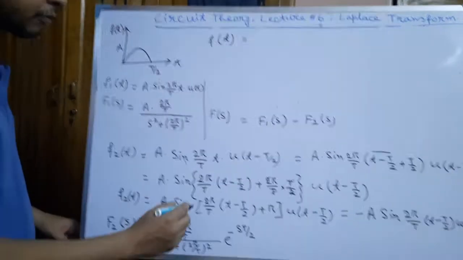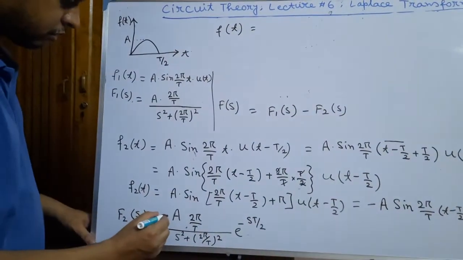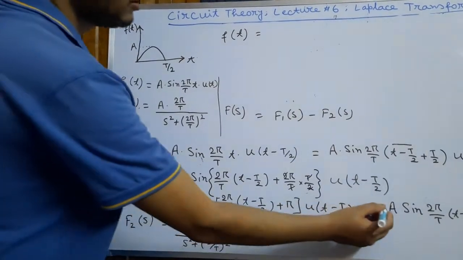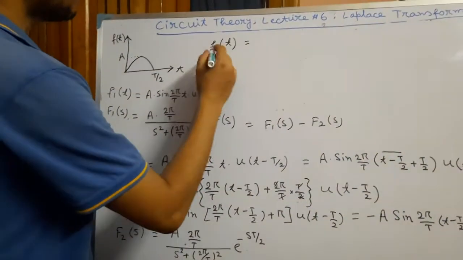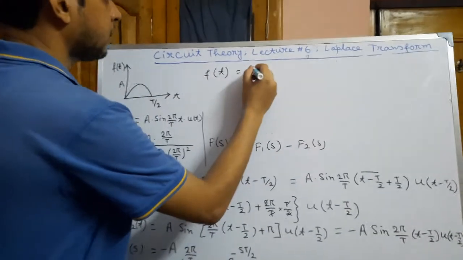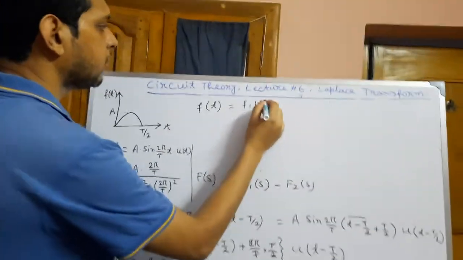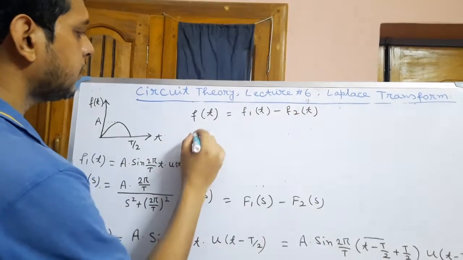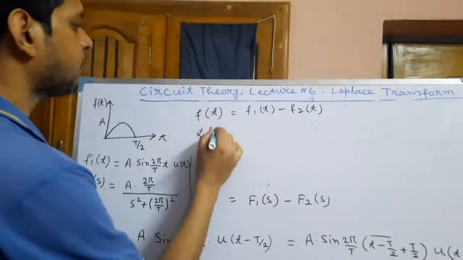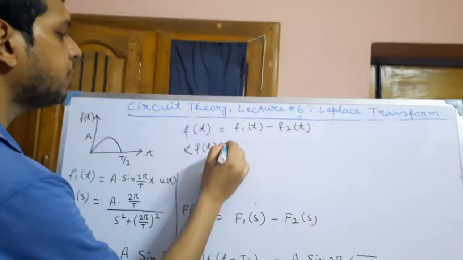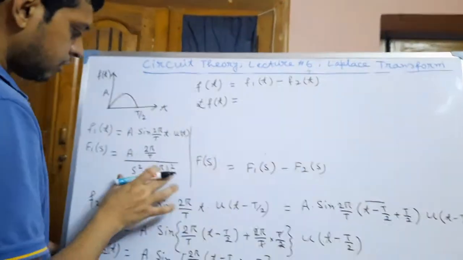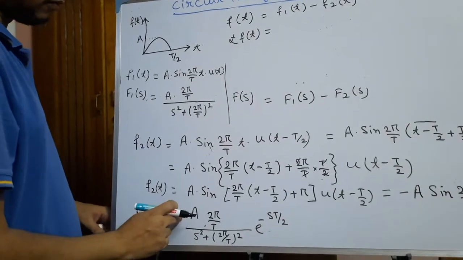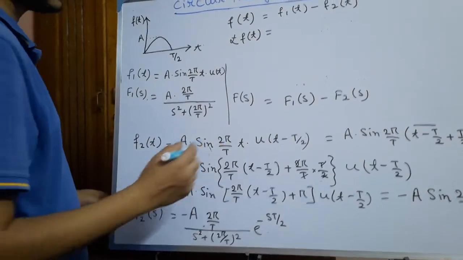The Laplace transform of f2(t) equals 1 minus, which will come here due to this one. Therefore the Laplace transform of −f2(t), hence the Laplace transform of f(t), will be equal to this one minus this one. Minus into minus will make this one a plus.